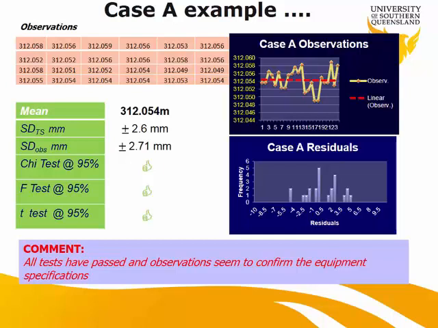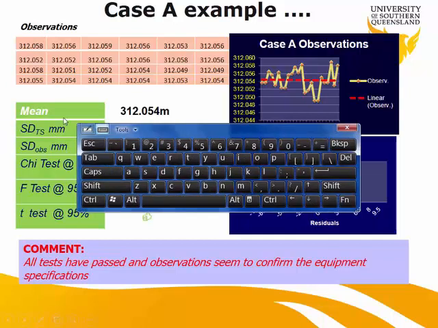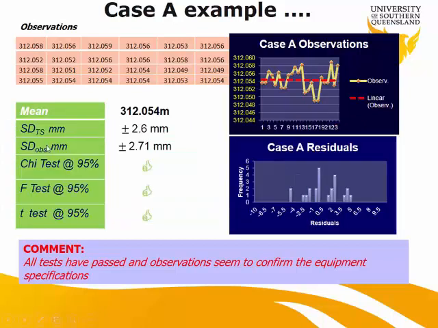We passed the chi-square test, F test, and T test, so all tests have passed, confirming the equipment specification. This is the equipment and this is the observation that we have, so they're confirming each other.